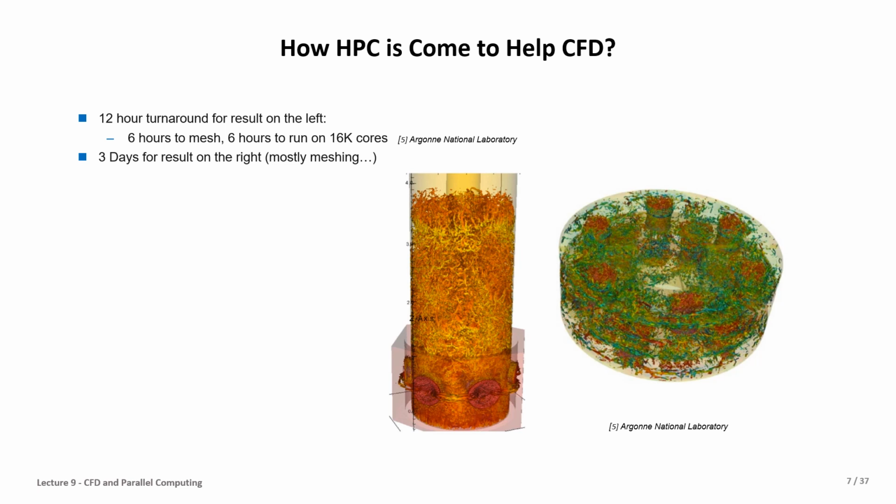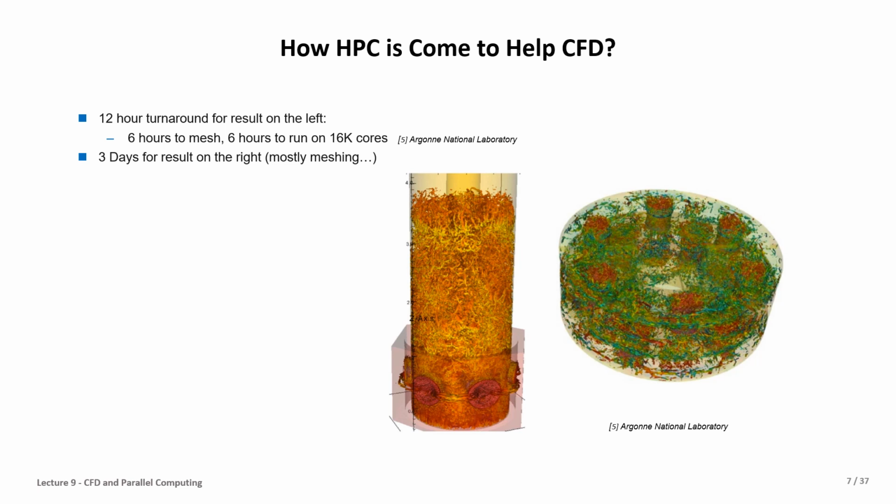The first one, on the left hand side, took 12 hours for the result: 6 hours for meshing and 6 hours to run on 16,000 cores. The right hand side took 3 days for the result, mostly on the machine.